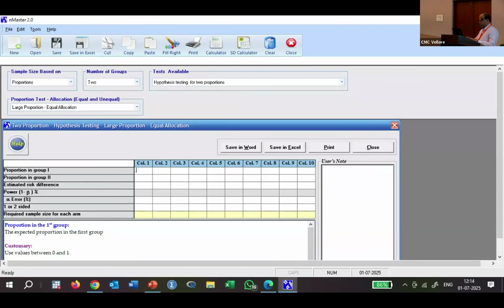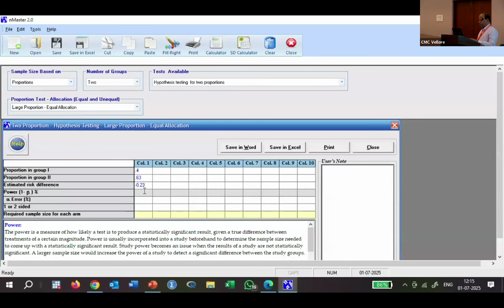Say, for example, the proportion in this one is 0.4. This is 0.63. And the estimated difference is this. The gray colored area gets calculated, so you don't have to input any data into that. Here we wanted 80% power, and alpha error is 5%, two-tail test.